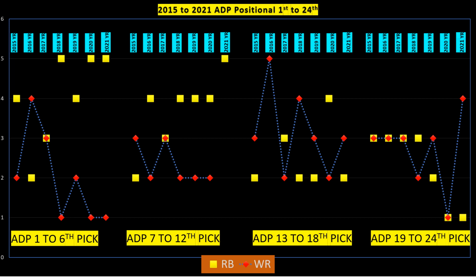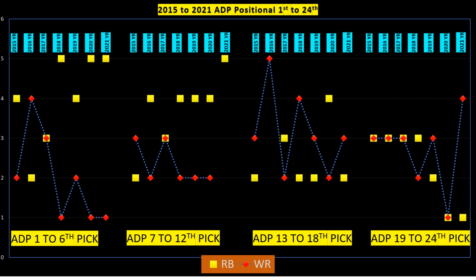In round 2, on the other hand, what we've seen is that WRs enjoy much more success, and in 4 of the 7 years, WRs have really been heavily taken.